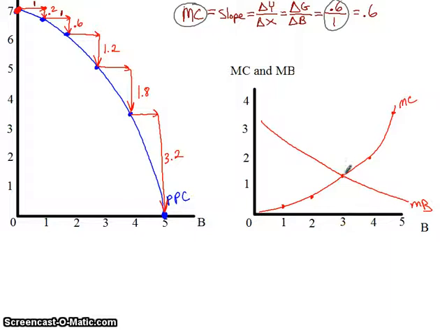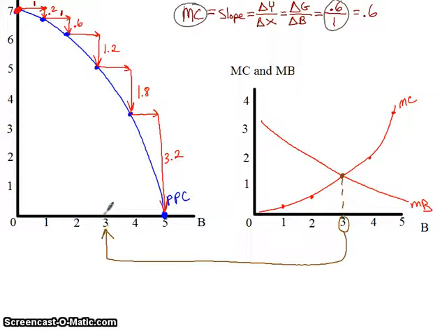Third butter, marginal benefits equal the marginal cost. That's right here at butter number 3. So that's the number of units of butter that will maximize his utility, where the marginal benefit equals the marginal cost. And so I want to bring that back over here to the production possibilities curve. 3 butters will maximize his utility.